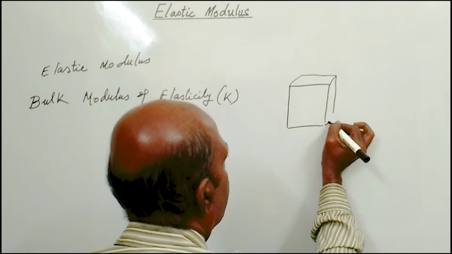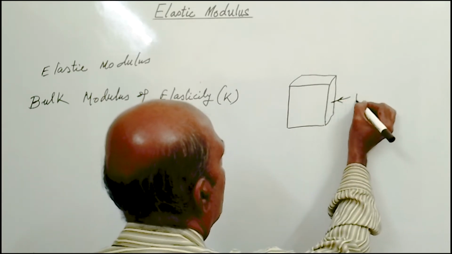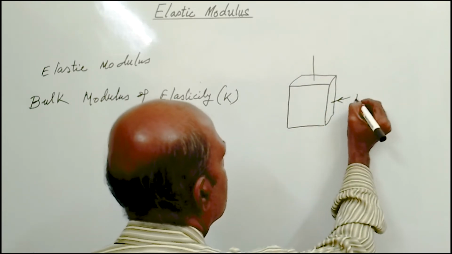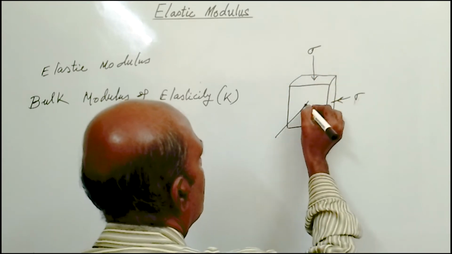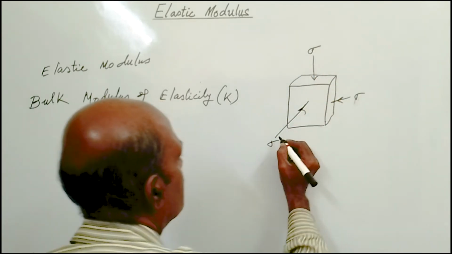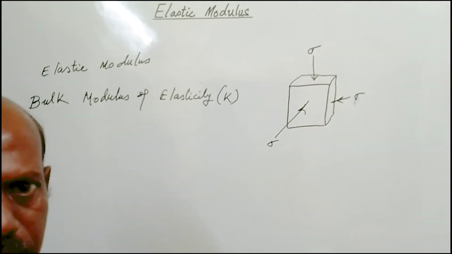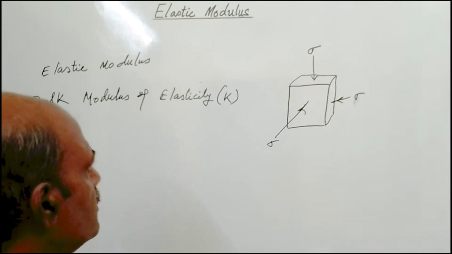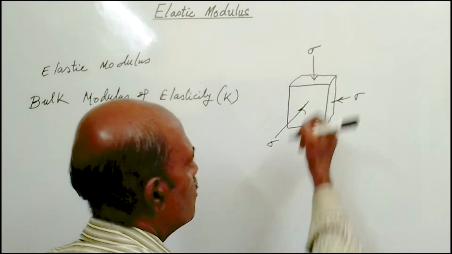This body is under uniform stress applied from all the directions. The uniform stress intensity applied over the body is, say, here compressive stress we have considered. So uniform stress is acting over the body from all the directions.